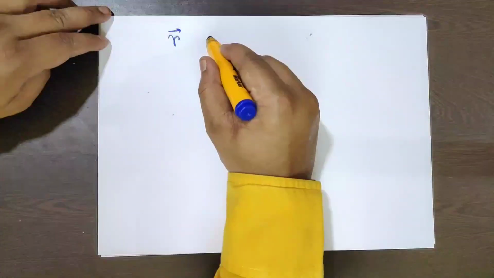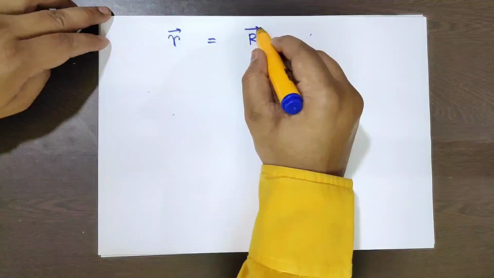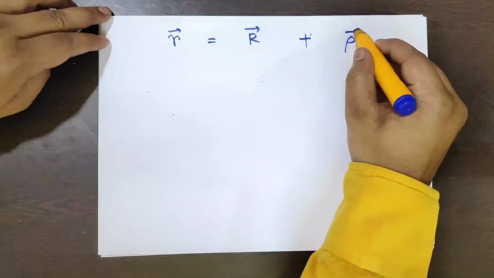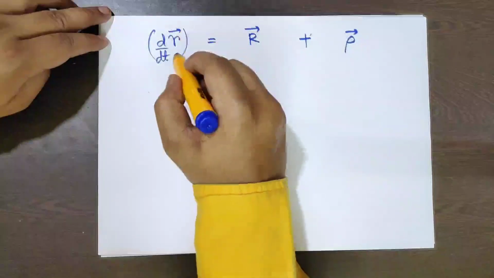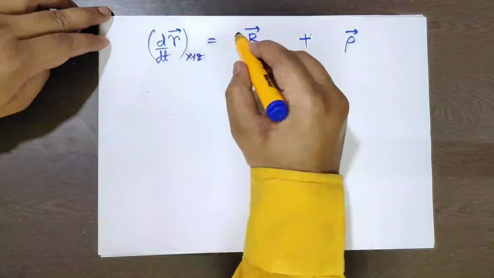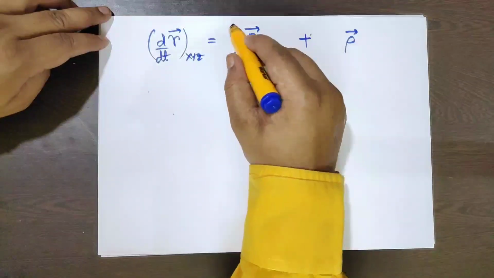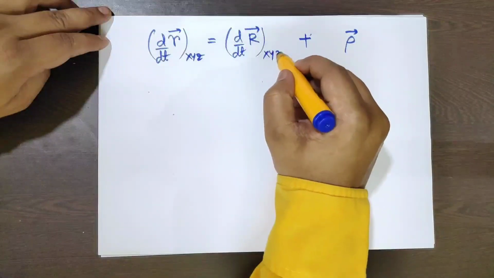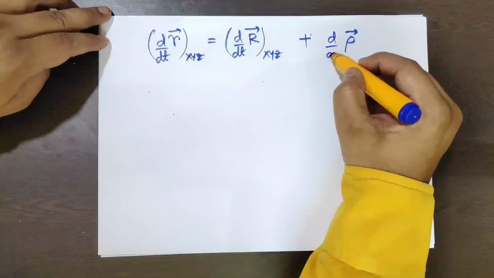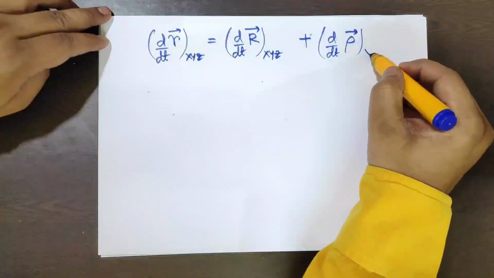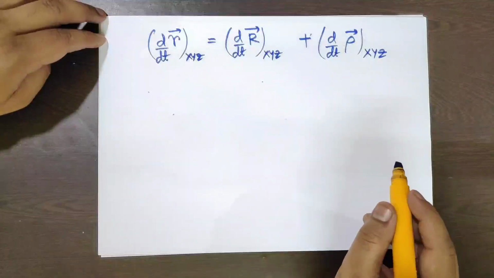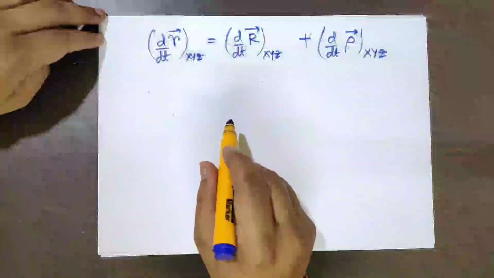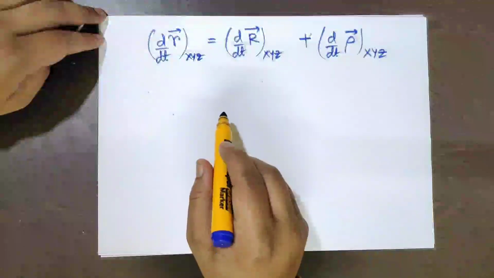Small r equal to capital R plus rho. So we will differentiate it with respect to capital XYZ. Now, what is this term equal to?